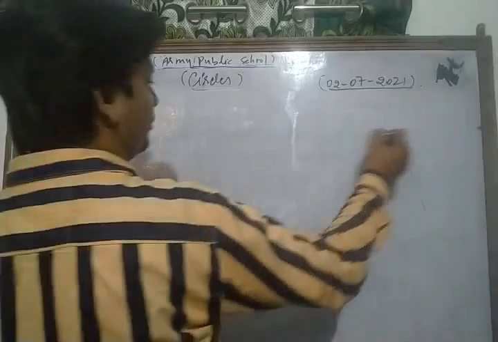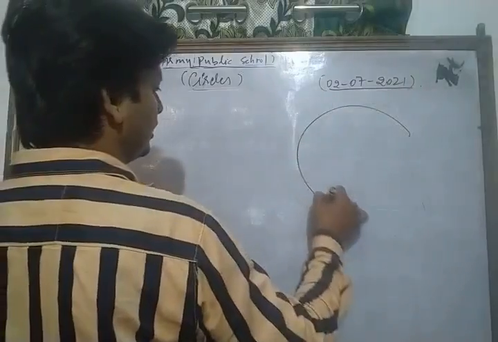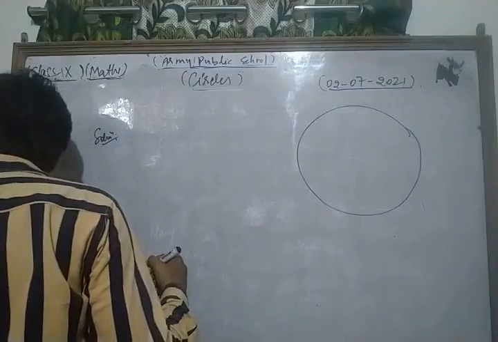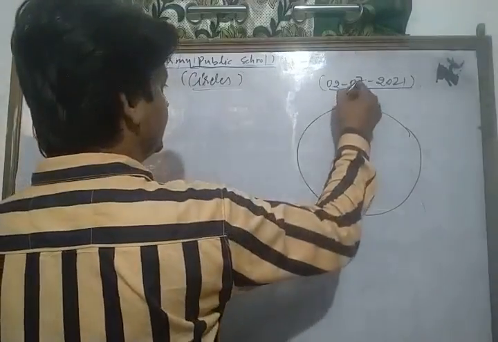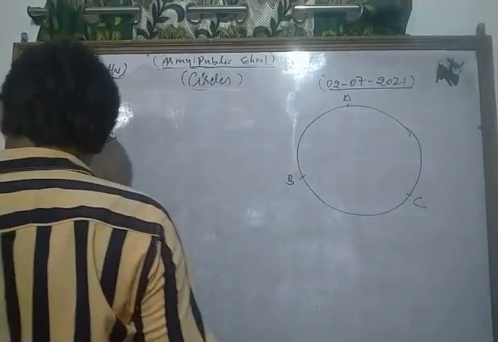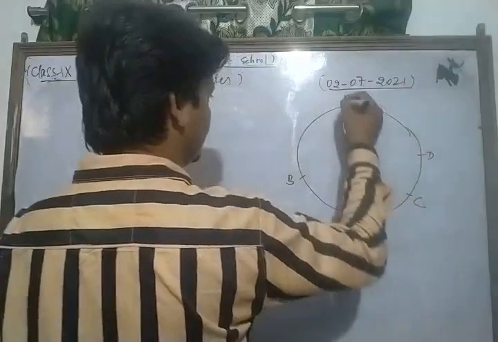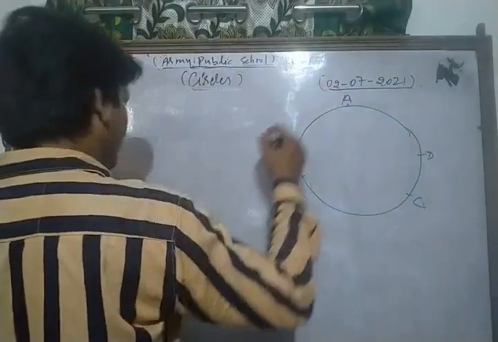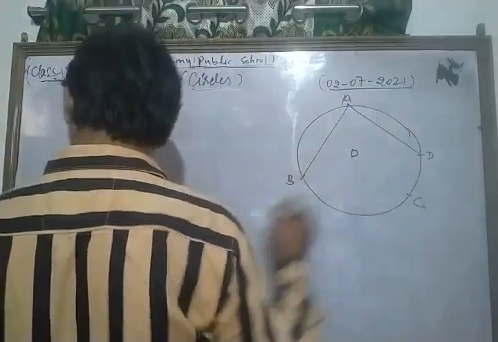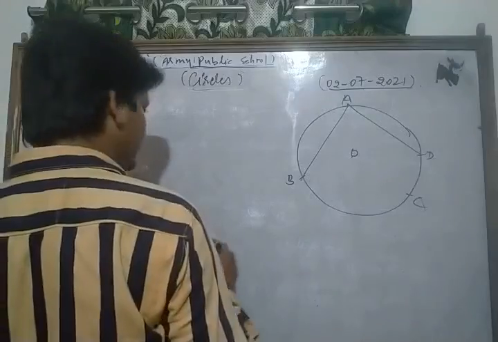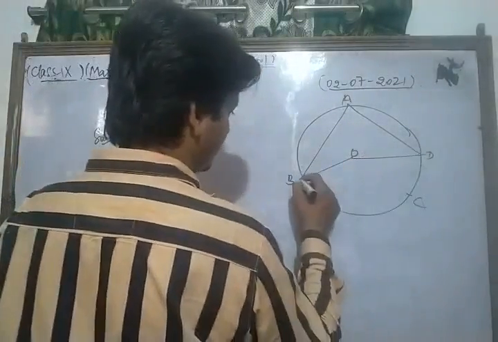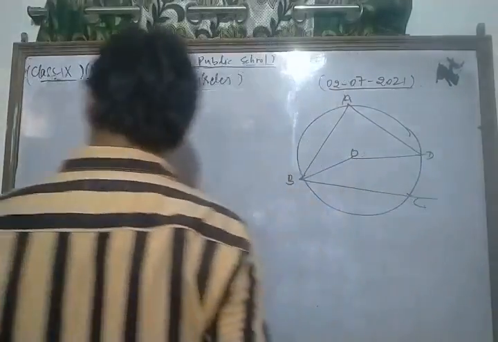Now the given figure is there, in which this is A, this is B, this is C, this is D, and O is the center of the circle.